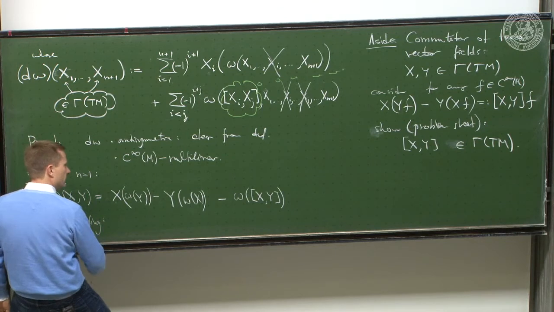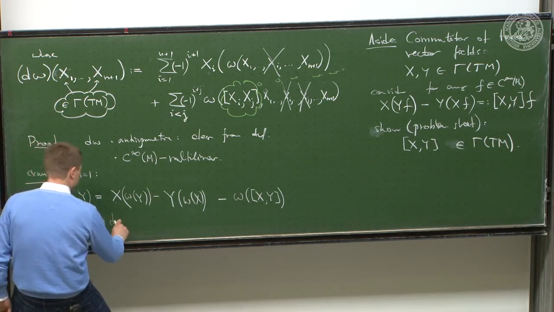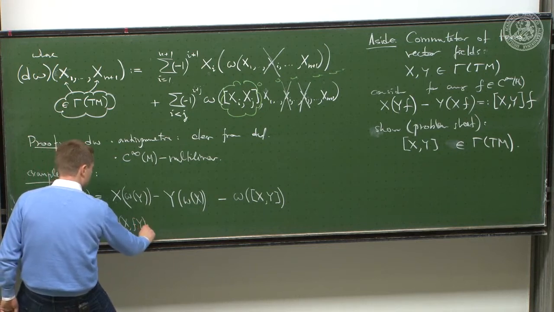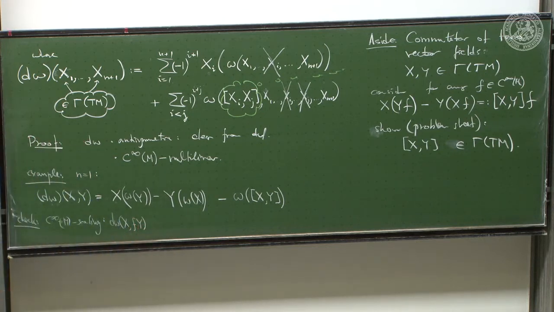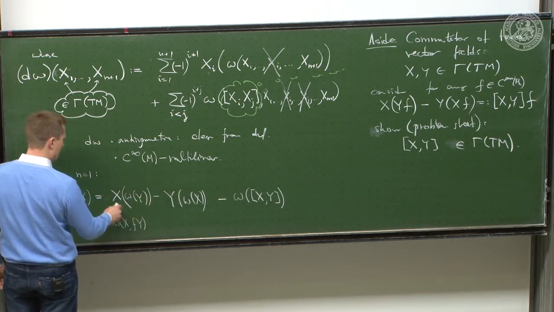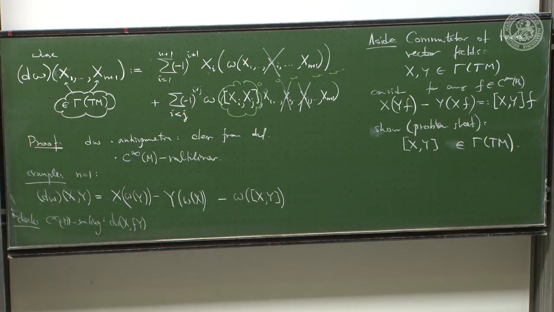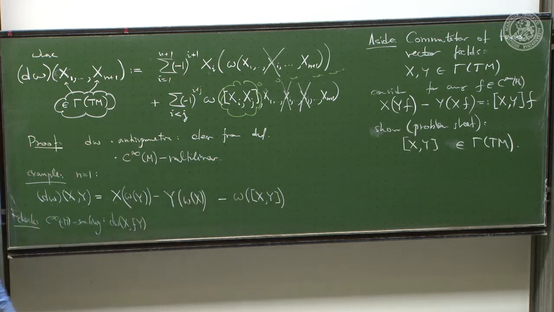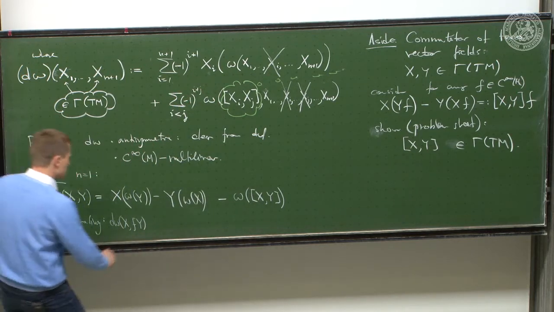So we consider d omega of X comma fY. So I scale the Y, and what I want to show is that for any f in C infinity(M), the f pulls in front. That's important. And we'll see that we need the last term in this expansion to achieve that. So how does it look?